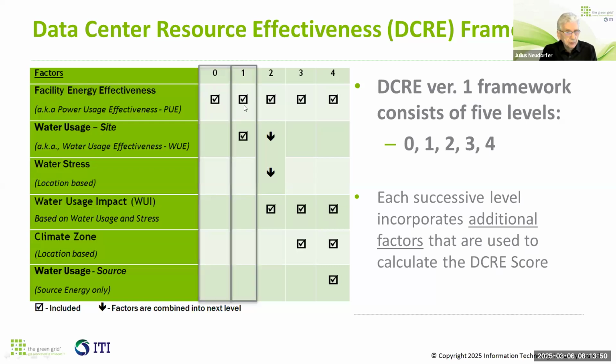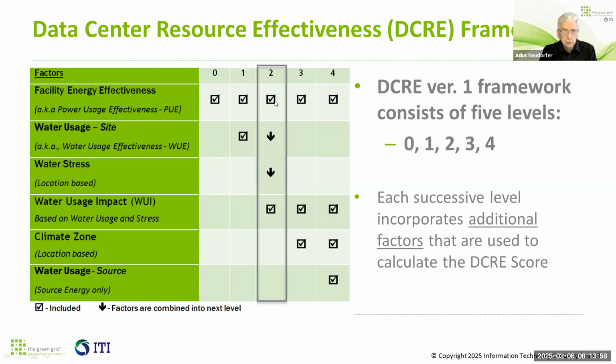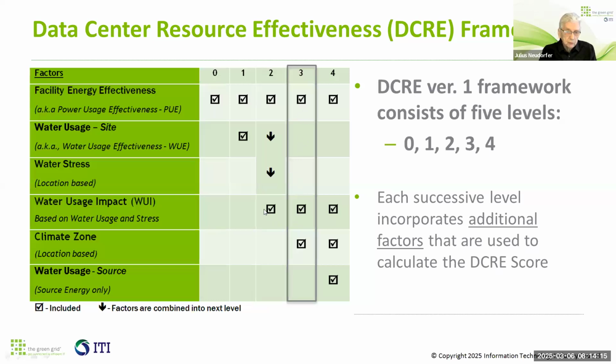When we move to level 1, we start incorporating water usage as a factor to be combined with just the basic facility energy. When we move to level 2, we now incorporate water usage effectiveness with water stress, and then it becomes water usage impact. And you'll see that as well when we demonstrate it. In level 3, it continues to use water usage impact, and now we add climate zone.